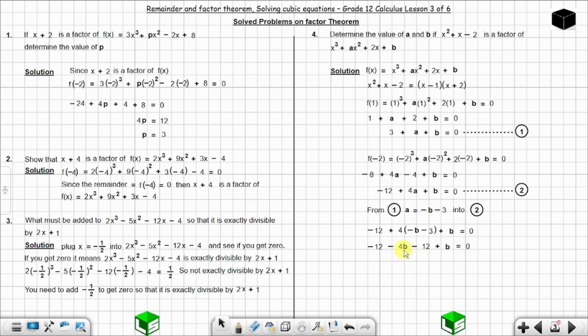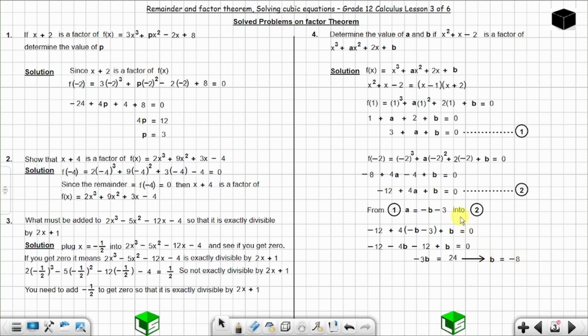So you have negative 4b plus b, which is negative 3b, and negative 12 minus 12, which is negative 24. To the other side, you have positive 24. You are going to divide by negative 3 on both sides so that you can solve for b. b is equal to negative 8, since 24 divided by negative 3 is negative 8.